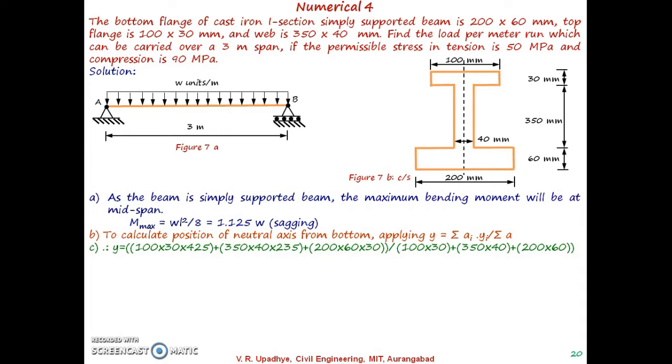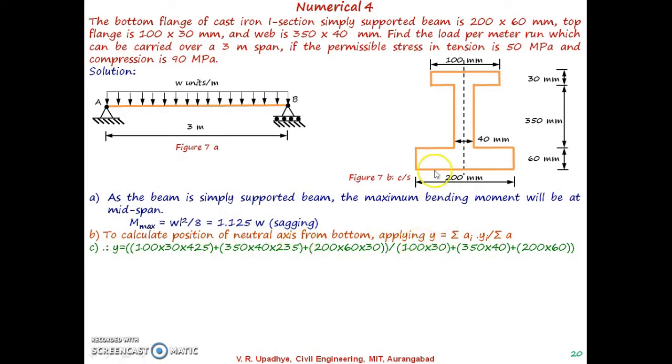So you know that y bar is equal to a1 y1 plus a2 y2 plus a3 y3 divided by a1 plus a2 plus a3. So that is to be written, or what is written over here is summation ai yi divided by summation ai, where ai is the area of a particular rectangular section, and yi is its centroidal distance from the point about which we are finding the position of the neutral axis.